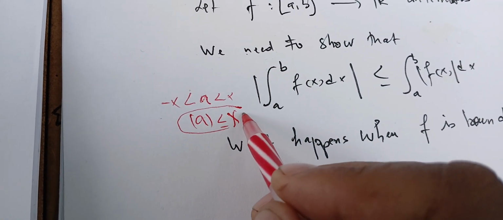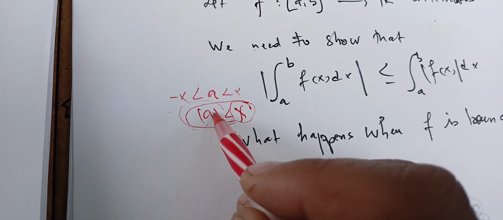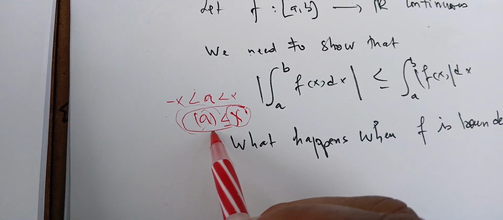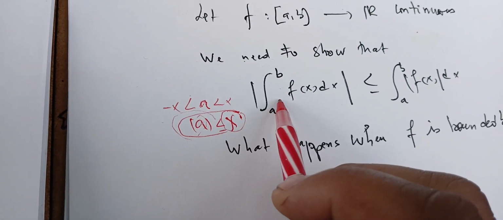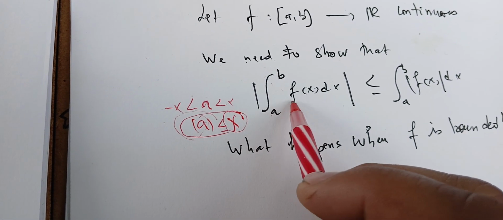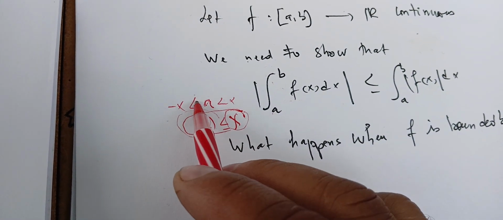We have to choose carefully what we mean by x and what we mean by the absolute value. It's clear from here that this is the absolute value of a if we assume that the integral between a and b of f of x dx is treated as a. So here we're going to see what we can do.